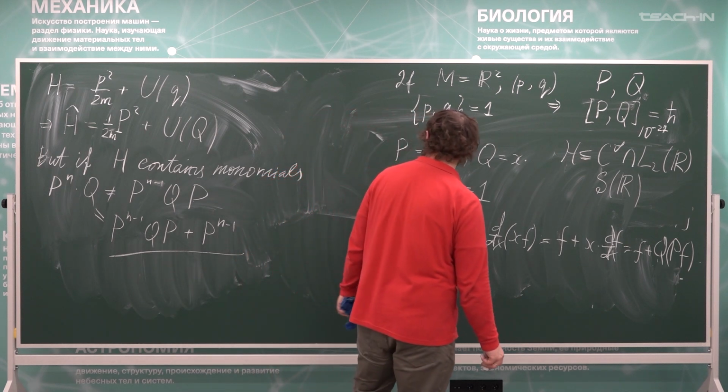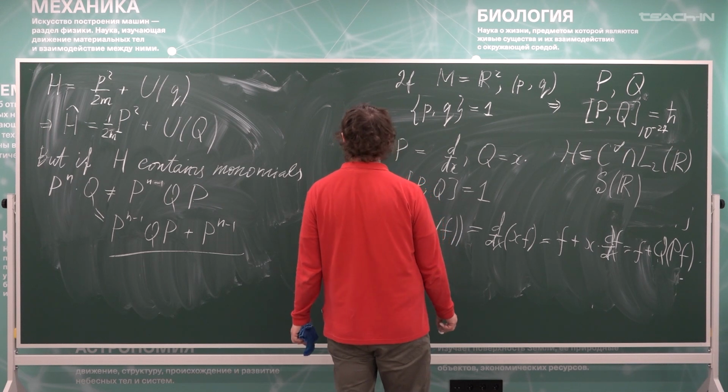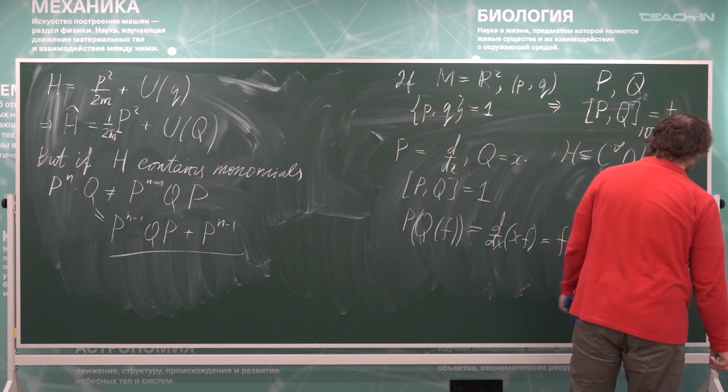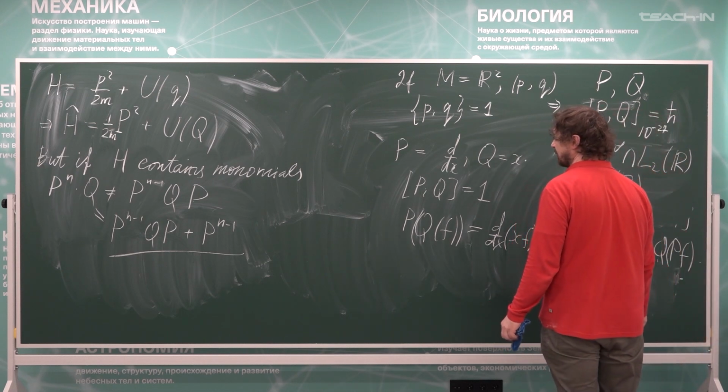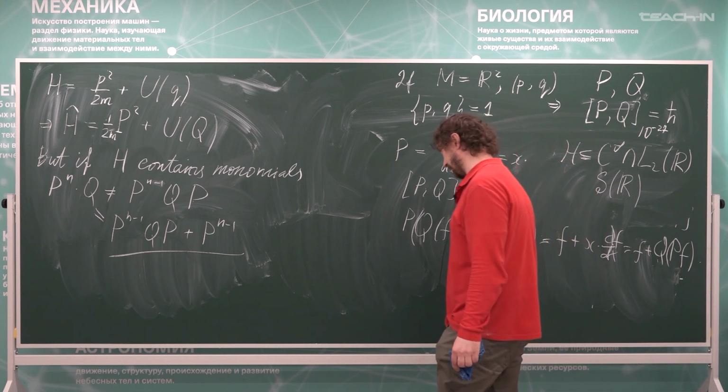is very important, and that's the quantization problem, at least its algebraic side, because in addition to the algebraic side of the quantization problem, there exists a very non-trivial analytical side.